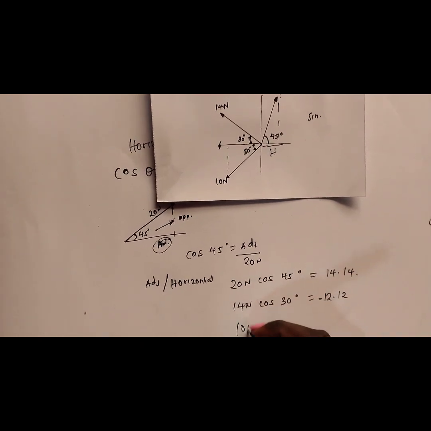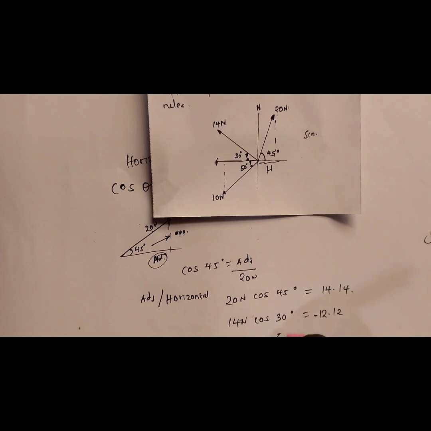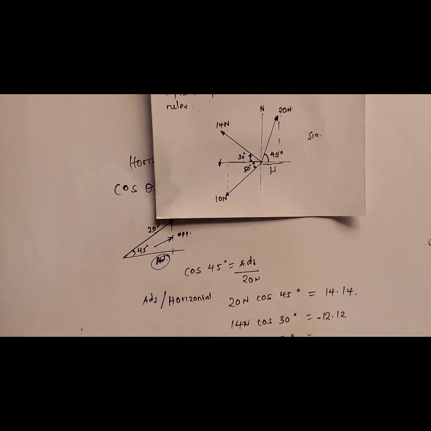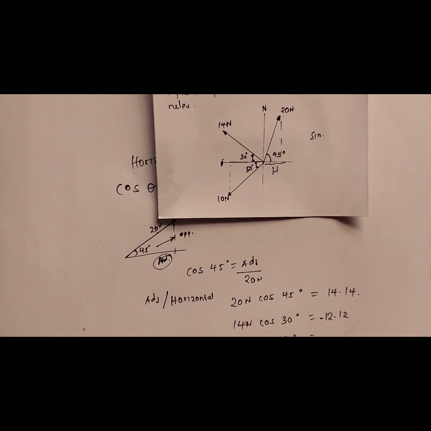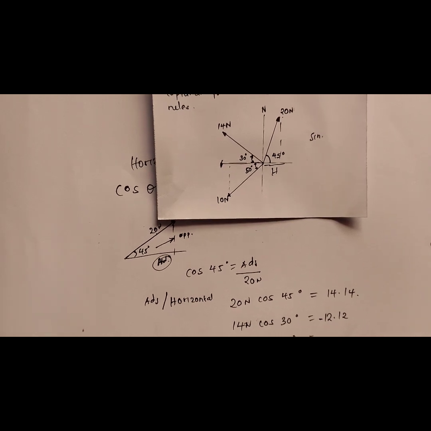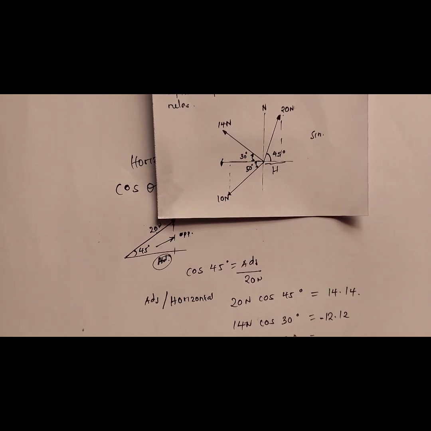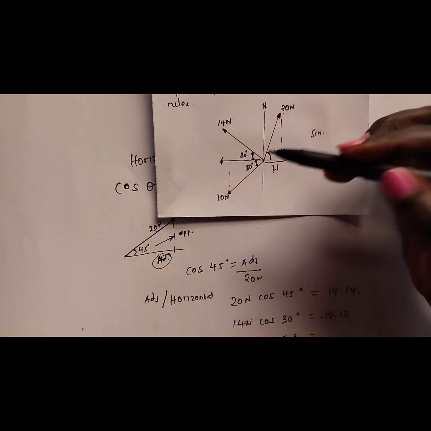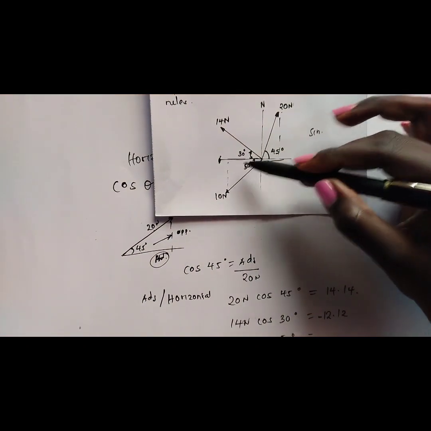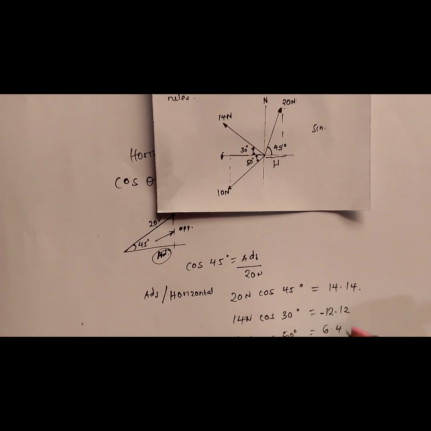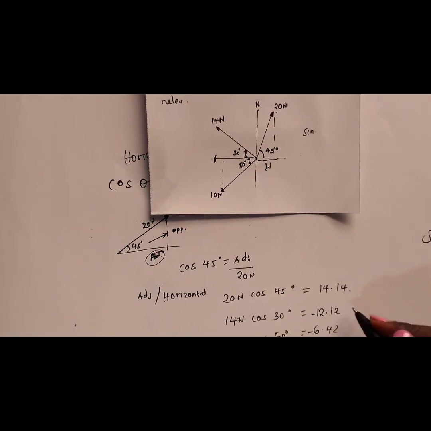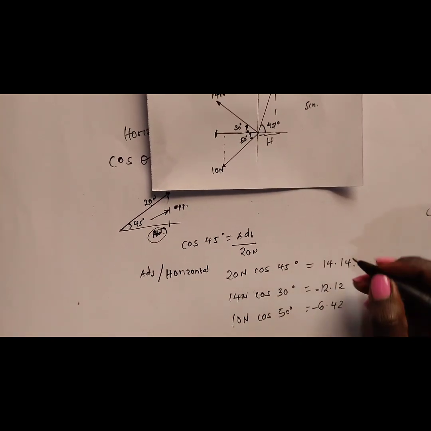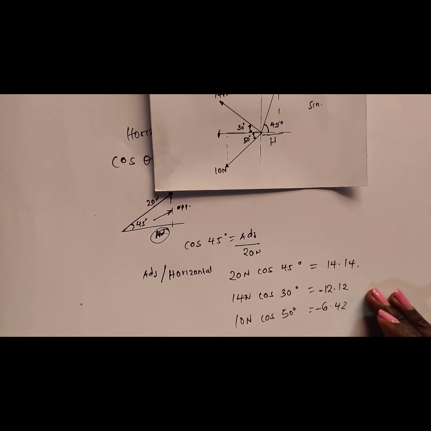So the 10 Newton force cos 50 degrees would now be equal to, just have that calculator very fast, save your time, 6.42, and it's also negative 6.42. So we'll have two components being negative and the one for 20 newtons being positive.